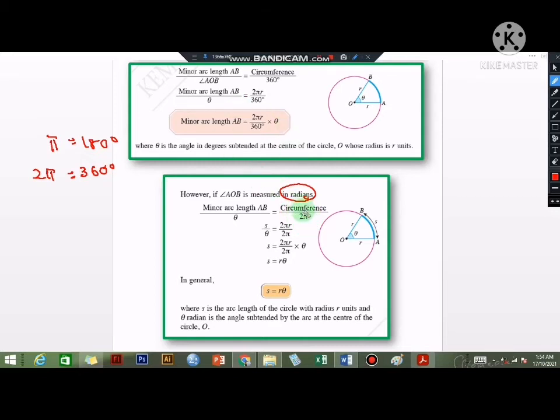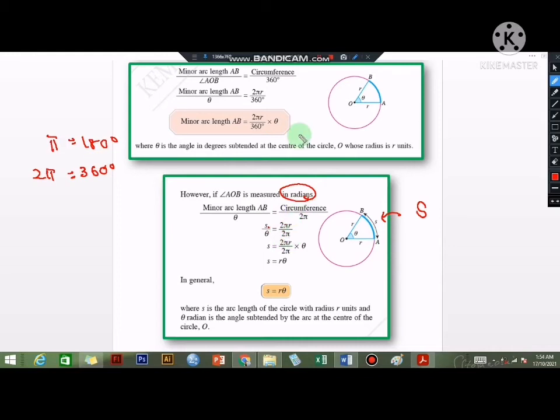Minor arc length AB we represent as S. So the symbol S represents the arc length. S over theta is equal to circumference, so the formula of circumference is 2 pi r over 2 pi.